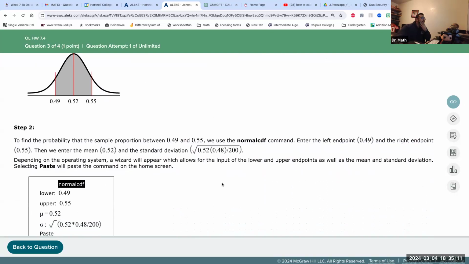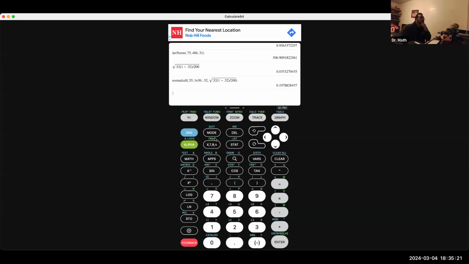So let me show you a quick little calculator hack. Let me just remember 0.49, 0.55. All right, so let's go to our calculator. If you don't want to retype everything, just hit second enter and everything comes up again. So now I can just backspace and put in my new limits. I wanted to start this time at, I already forgot.